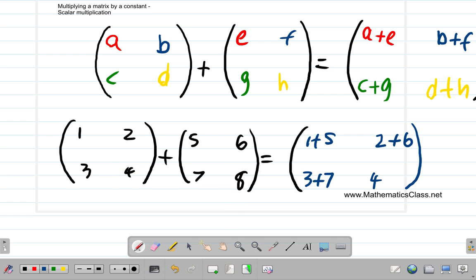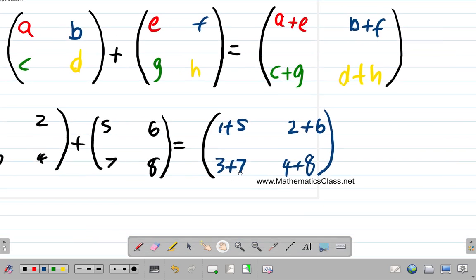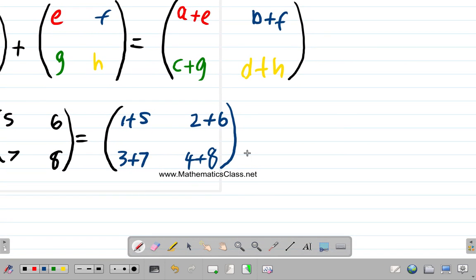So we have 4 plus 8. Therefore, what do we get for the answer? 5 and 1, 6. 2 plus 6 is 8. 3 plus 7, 10. 4 plus 8, 12. That is our answer. You see that?